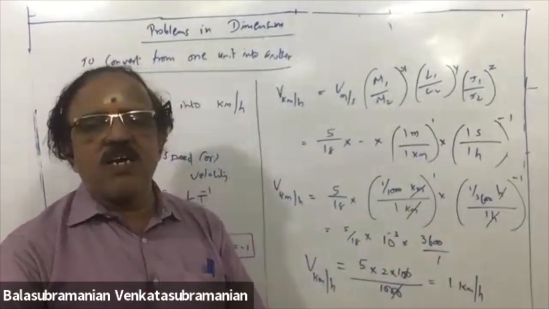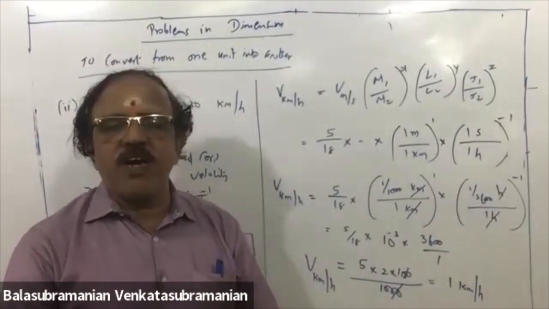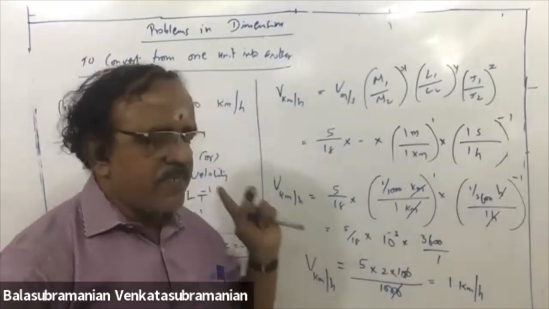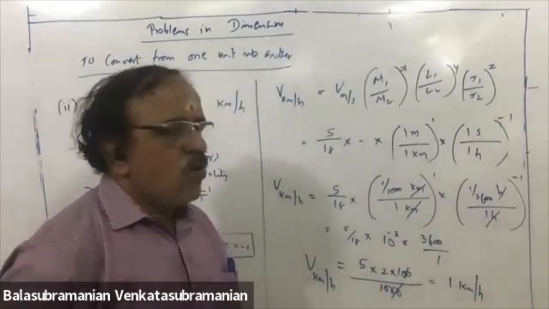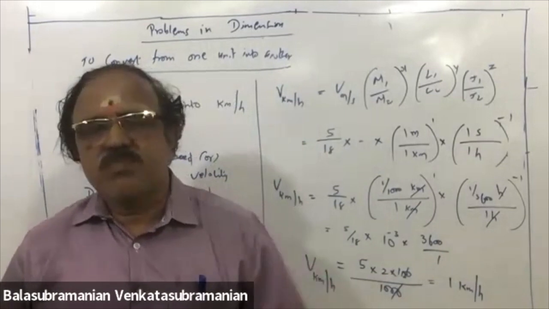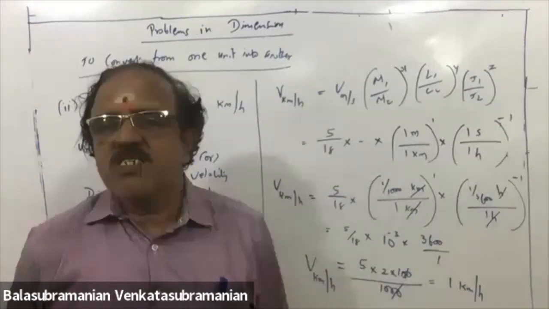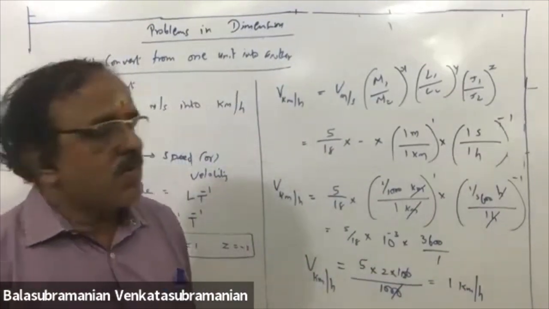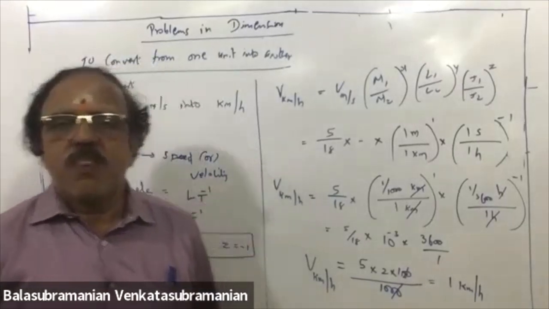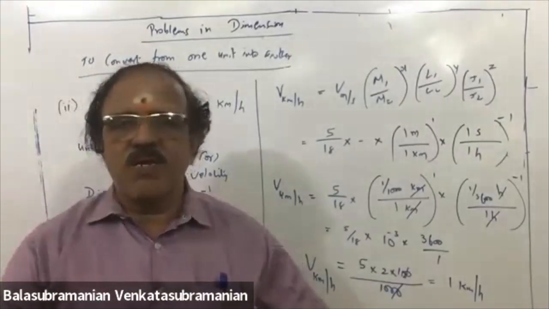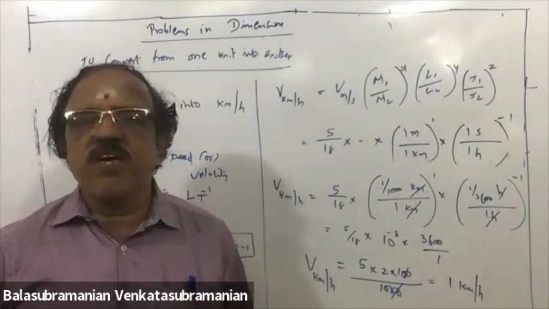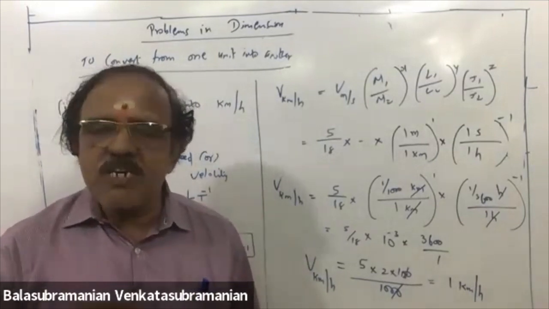So any vehicle moving at a speed of 5 by 18 meter per second will move at 1 kilometer per hour in the other system. From MKS we are converting to another system. Normally the vehicle is moving in kilometer per hour, but to write in the problem, we need the answer in terms of meter per second.